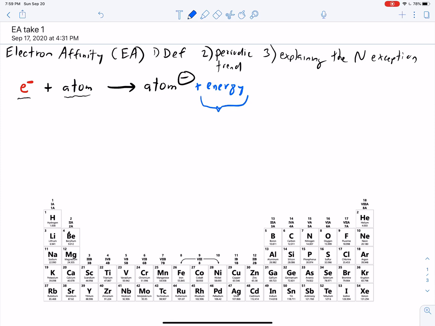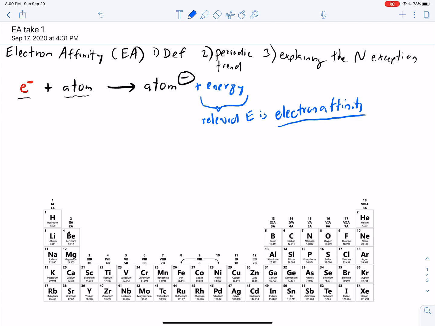This energy released is the energy that we list as electron affinity. So it's that energy that's released. A key point here is that ionization energy, where we strip an electron away from an atom, requires energy.